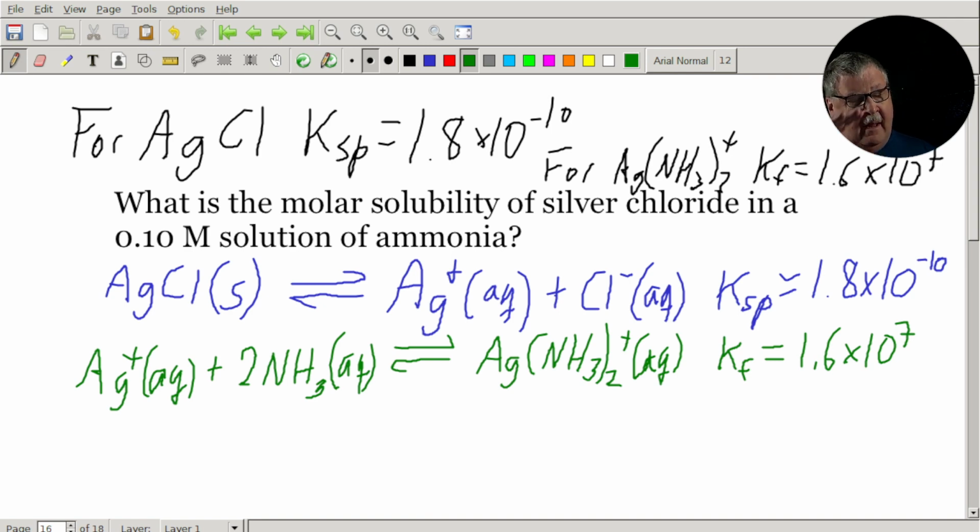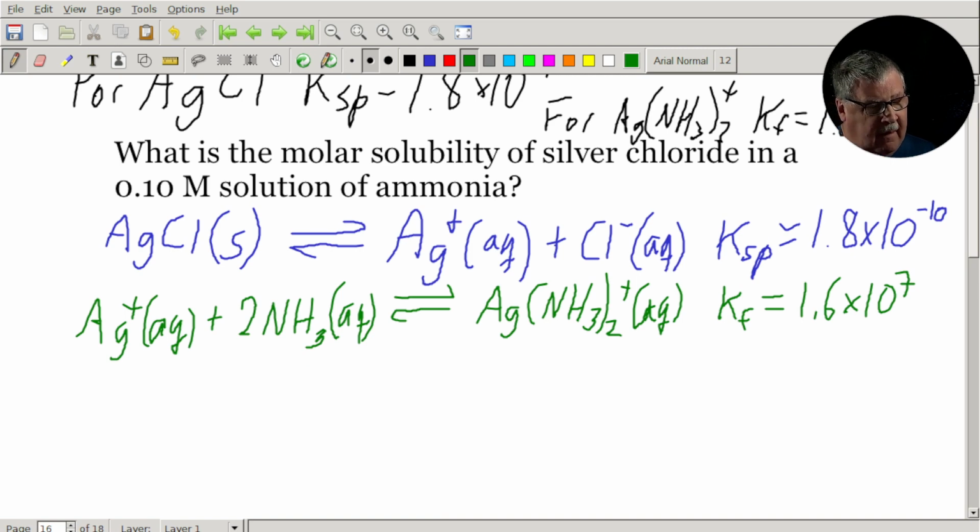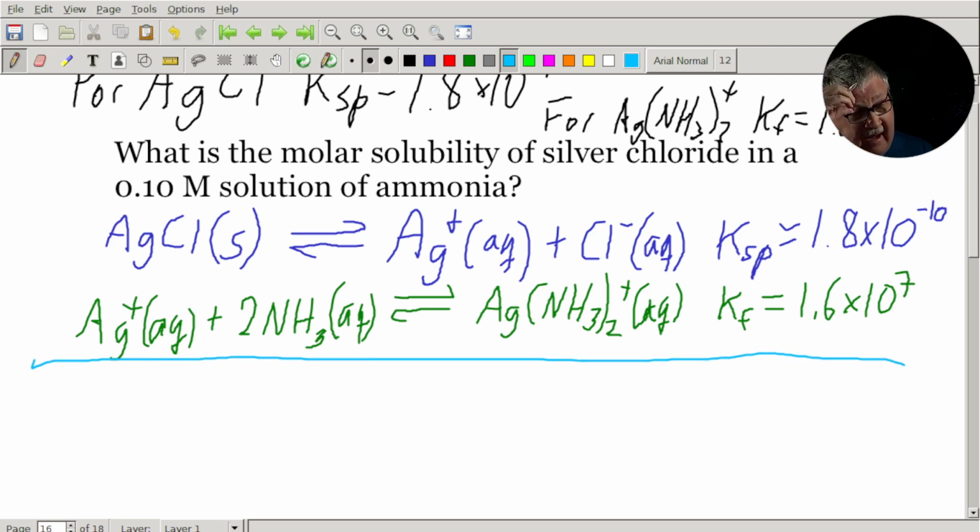Now, I wrote these deliberately above one another because the next thing I'm going to do is combine them, and cancel out anything that appears on both sides in the same quantities. And that's exactly what we can do here. If we combine these two equilibria, we have 1 mole of silver ion on both sides, on the right at the top and on the left at the bottom. Everything else is going to remain.